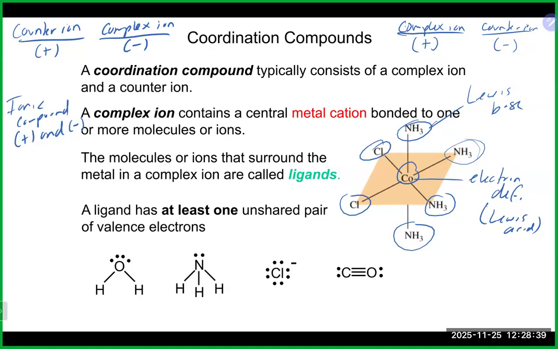It may have a negative charge, and typically you get a negative charge because you've gained some electrons, or it's a polar compound or molecule that has some non-bonding electrons, which makes it really helpful. So negatively charged things or things with non-bonding electrons are really good Lewis bases. So things like water, ammonia, chloride, and carbon monoxide are good Lewis bases, and these are all good ligands.